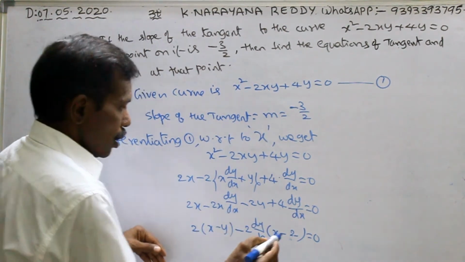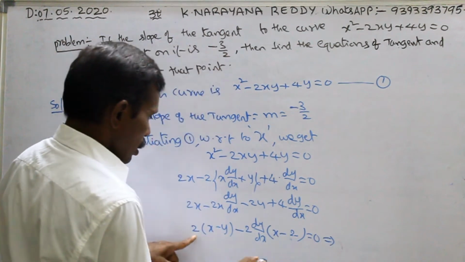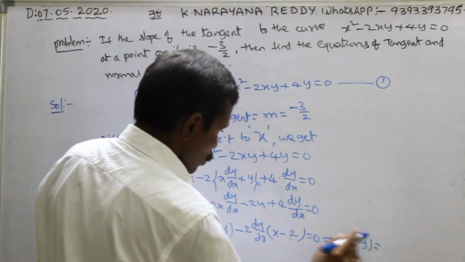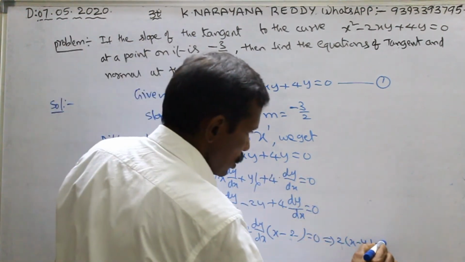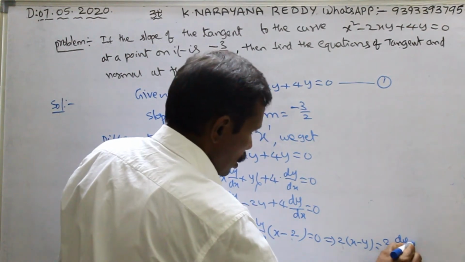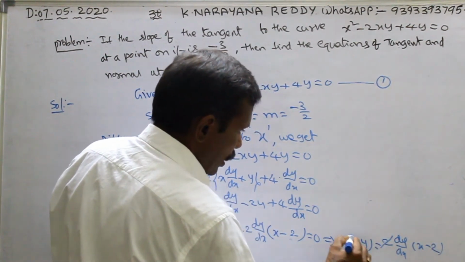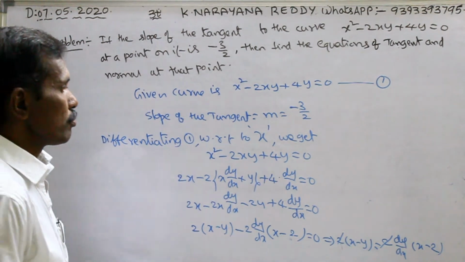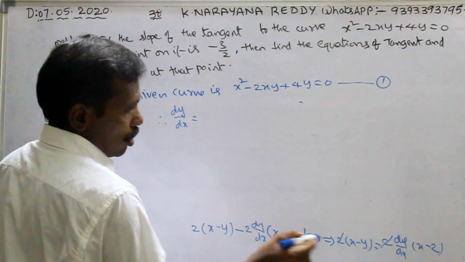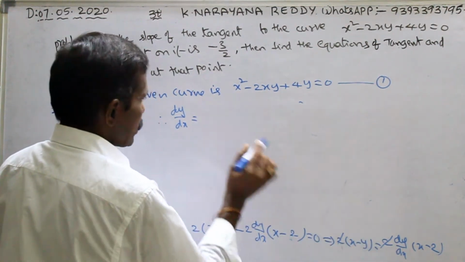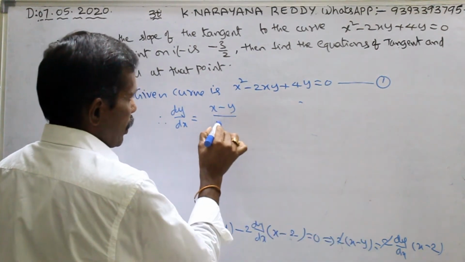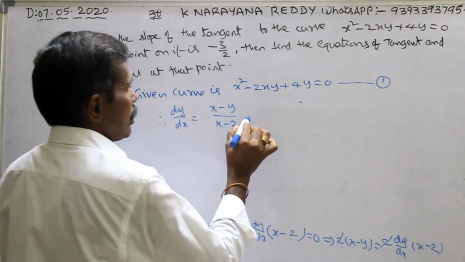Now this equals 2 into (x minus y) equals, which goes to the right side, 2 dy/dx into (x minus 2). 2 gets cancelled. Therefore, dy/dx equals (x minus y) divided by (x minus 2). That's all. This is number 2.